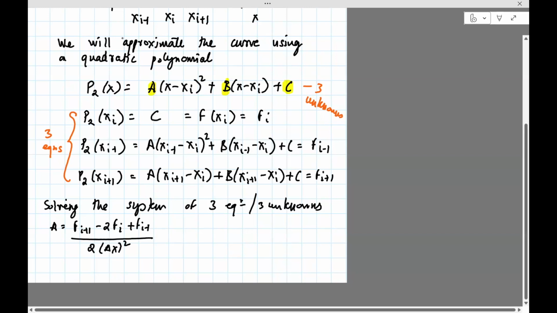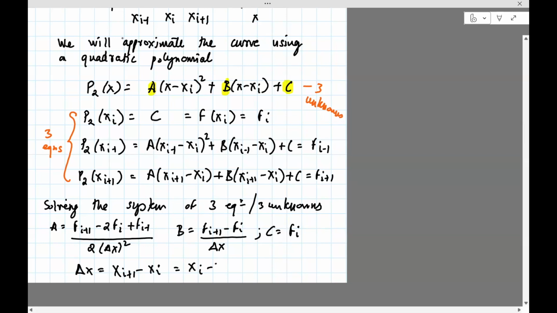Looks like the second derivative, right? And then we have b equals f i plus 1 minus f i, divided by delta x, and then c equals simply f of i. Here delta x is, we assume that there's a uniform grid, which means that xi plus 1 minus xi equals xi minus xi minus 1 is equal to delta x.